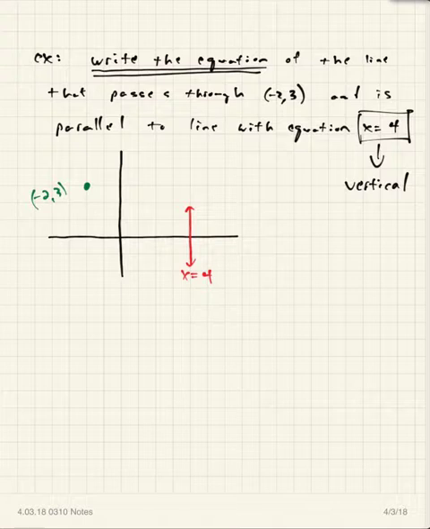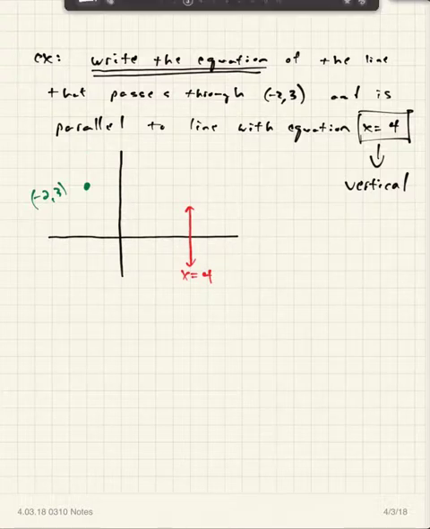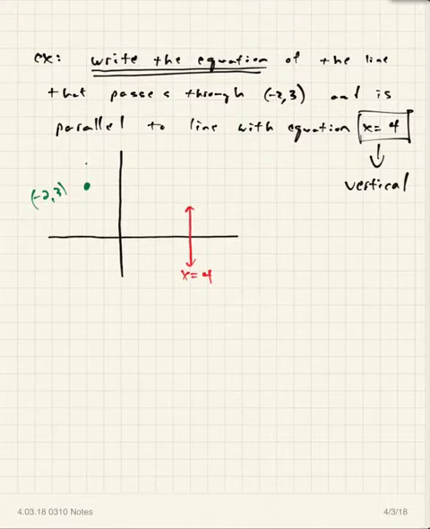Anybody who's listening live right now, what kind of a line would it be? Vertical. That's right. I got two answers there. Sandra went ahead and texted me the answer. Taylor, you answered it verbally. Perfect. Both of you are perfect. It's got to be vertical. So this line has got to also be a vertical line.